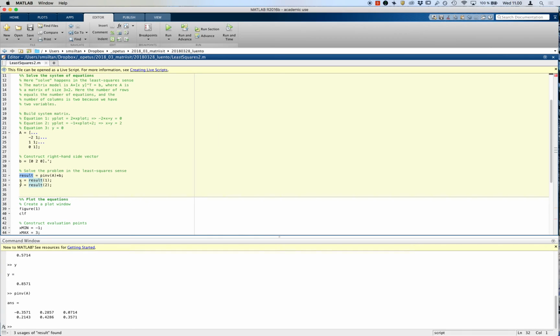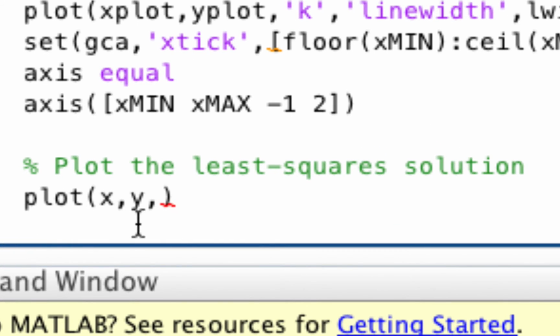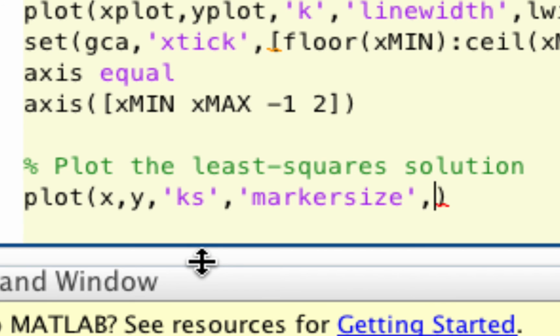Okay, so now I'm getting really worried because we are about to see what our solution is. So let's plot it as, let's say, a black star and make the marker size as big as we described in the beginning.